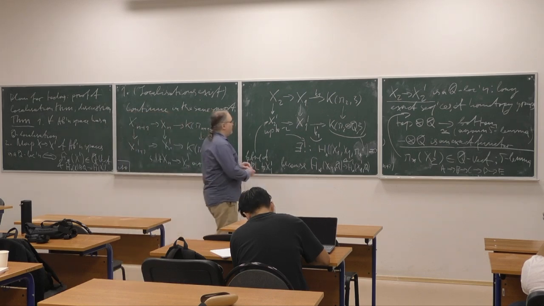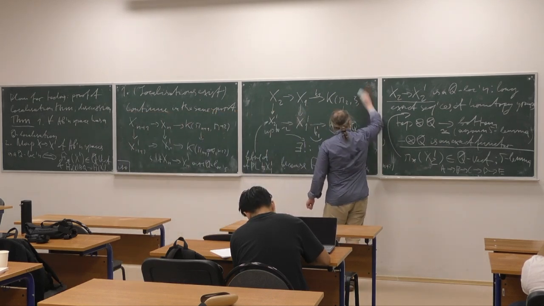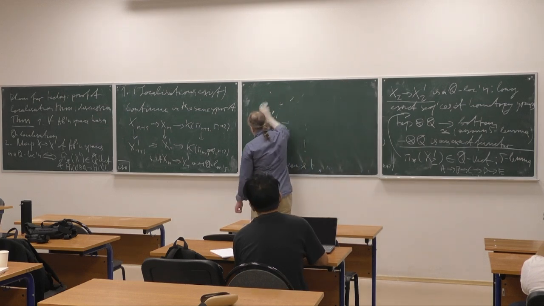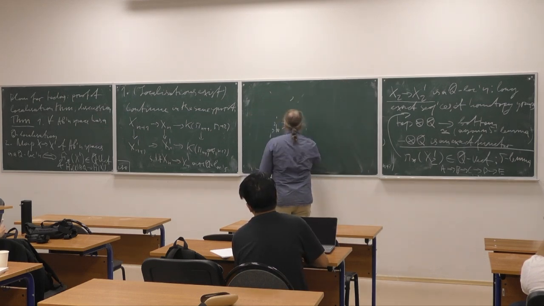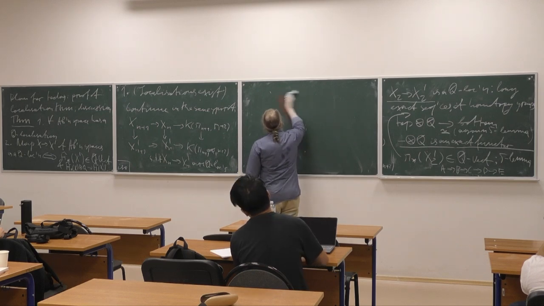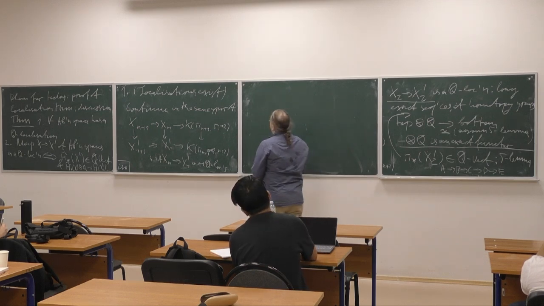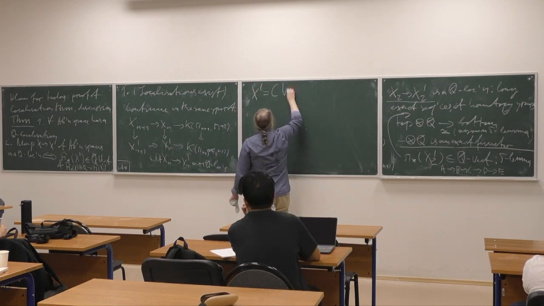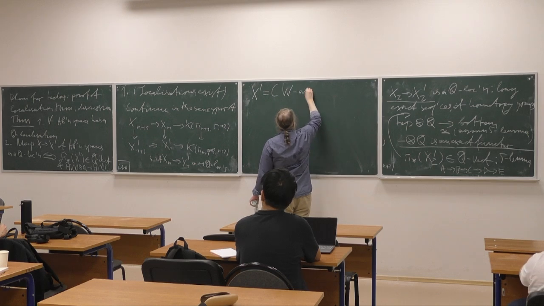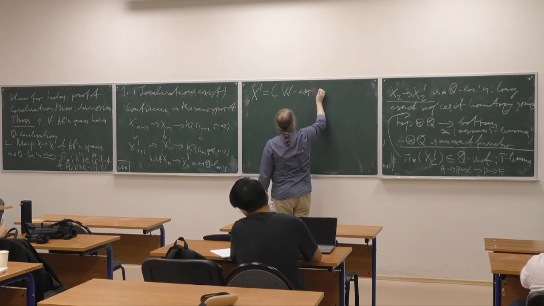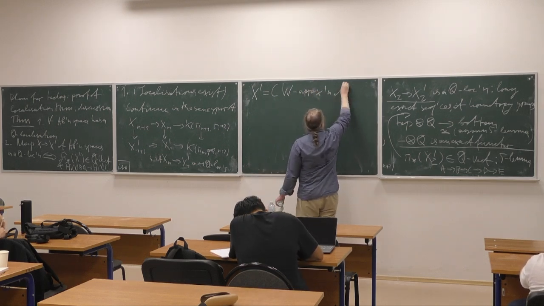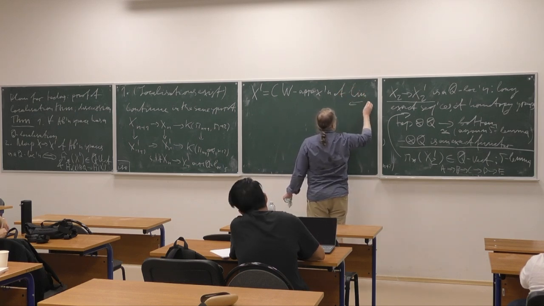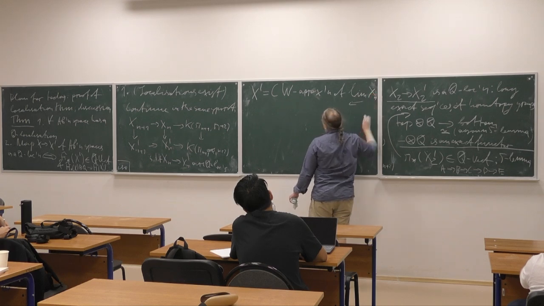we just take X prime to be a CW approximation of the inverse limit.